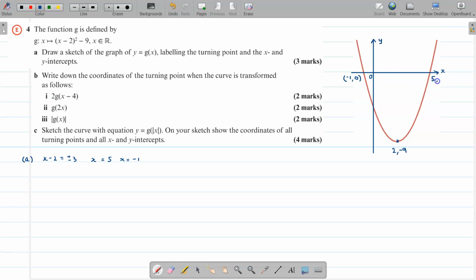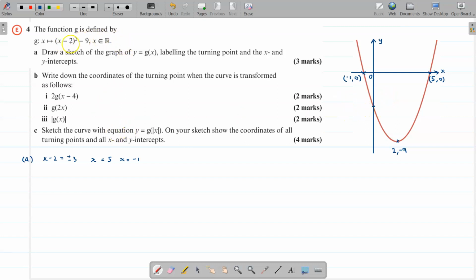So that's labeling those 2 points, and I'll just put a little mark there to show where those points are. And then we have to go to this point here, which is where it crosses the y-axis. Well, that would be when x is 0.